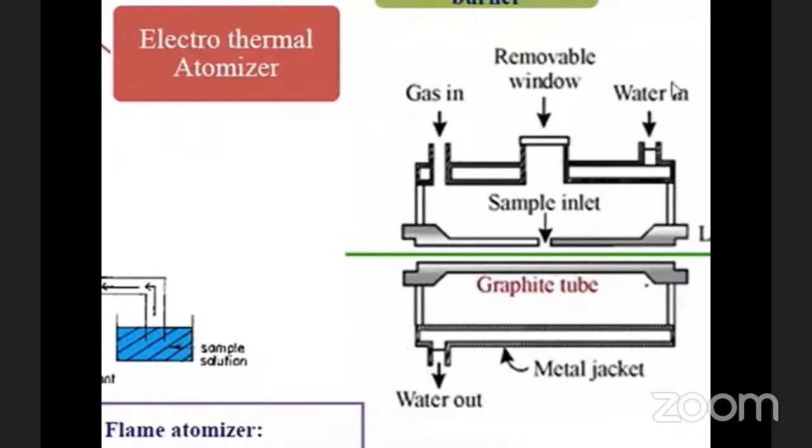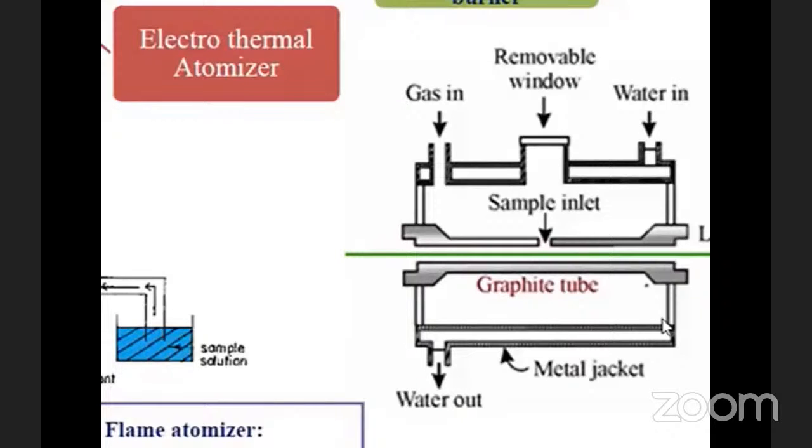This electrothermal atomizer is more sensitive as the entire sample is atomized and the time of stay of the atoms in the optical beam is about 1 second, which is more as compared to flame atomizers. In an electrothermal atomizer, the sample is first heated at a relatively low temperature to remove the solvent by the process of evaporation.